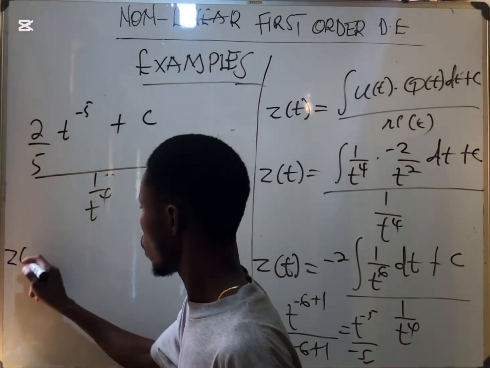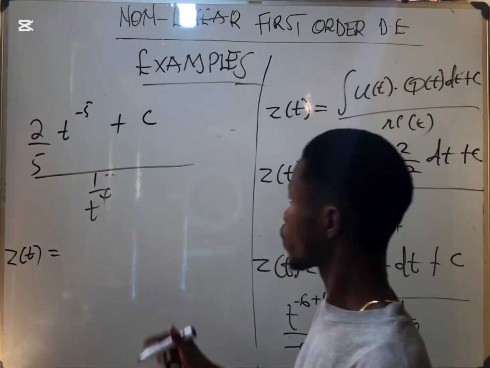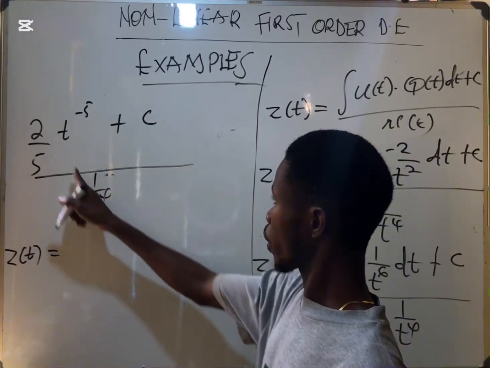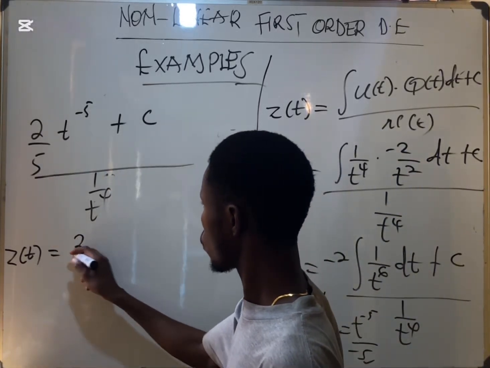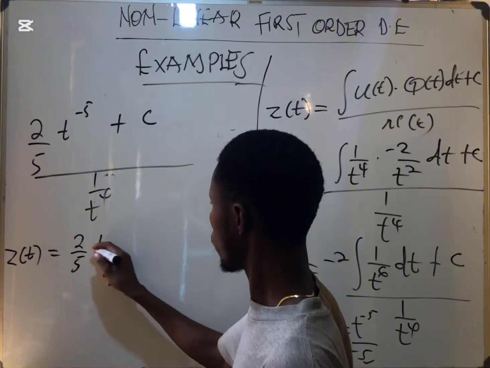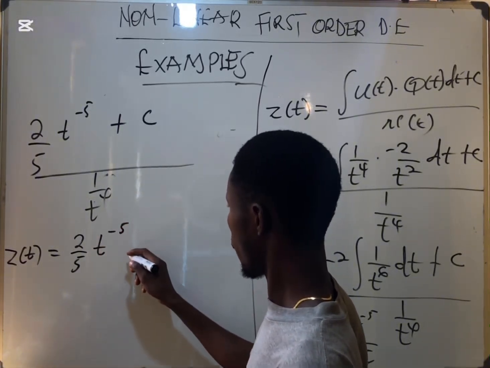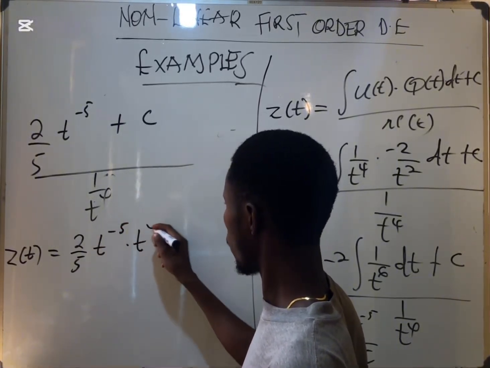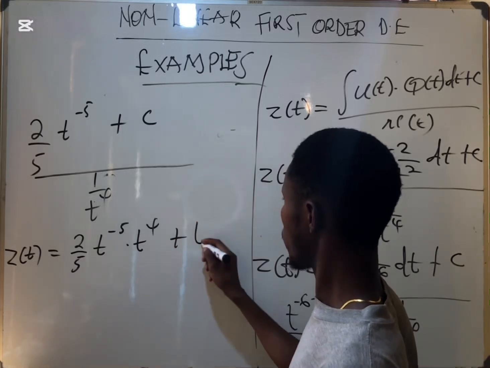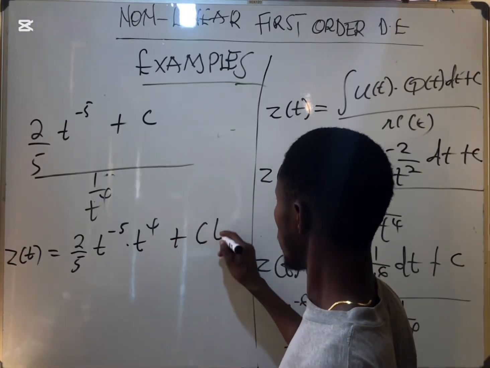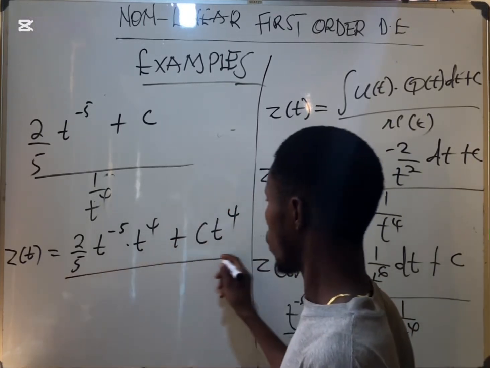So z of t equals 2 over 5 t to the power negative 5 multiplied by t to the power 4 plus c t to the power 4.